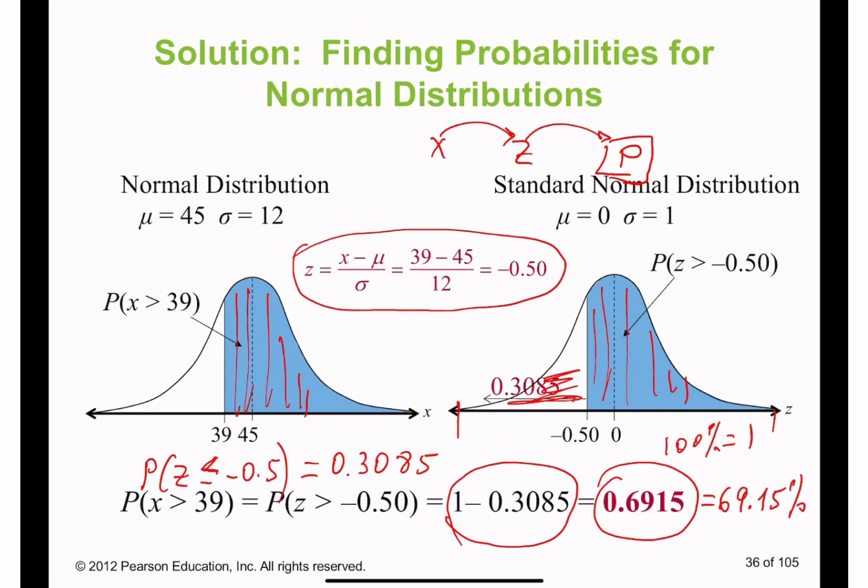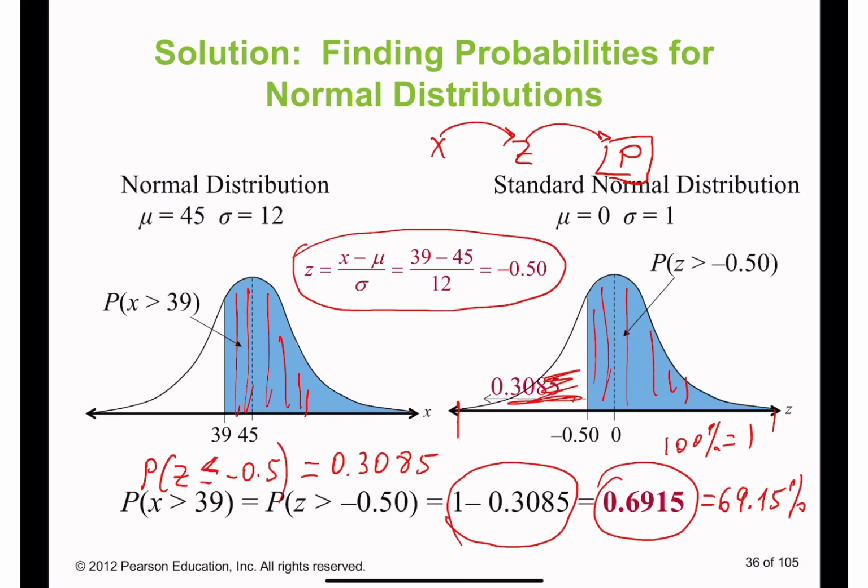That means there is a 69% chance that people will stay in the store more than 39 minutes. So practically it's kind of pushing. It's a lesser chance, but still, quite a few people looks like are going to stay. It's 69%.